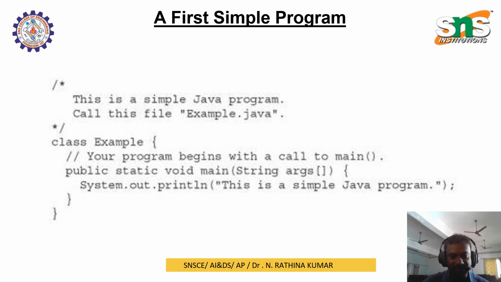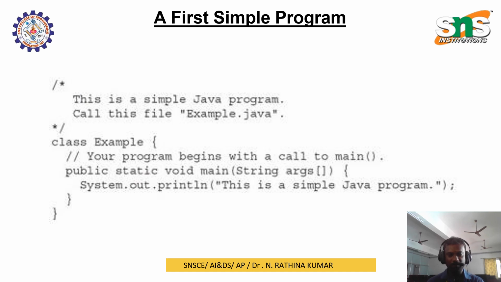Then we are going to see that it has three important lines in this slide. As we already discussed, a class is a group of objects. So here we have declared a class. The name of the class is example. See the third line. Below that there is a main function.